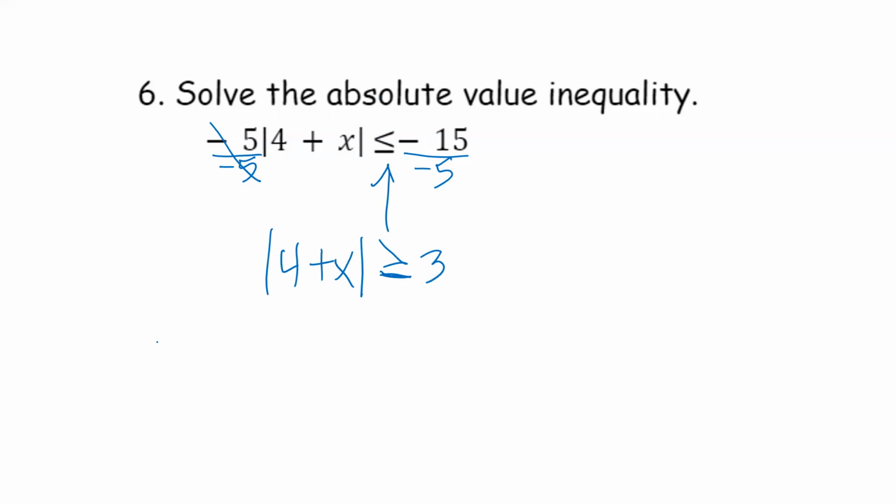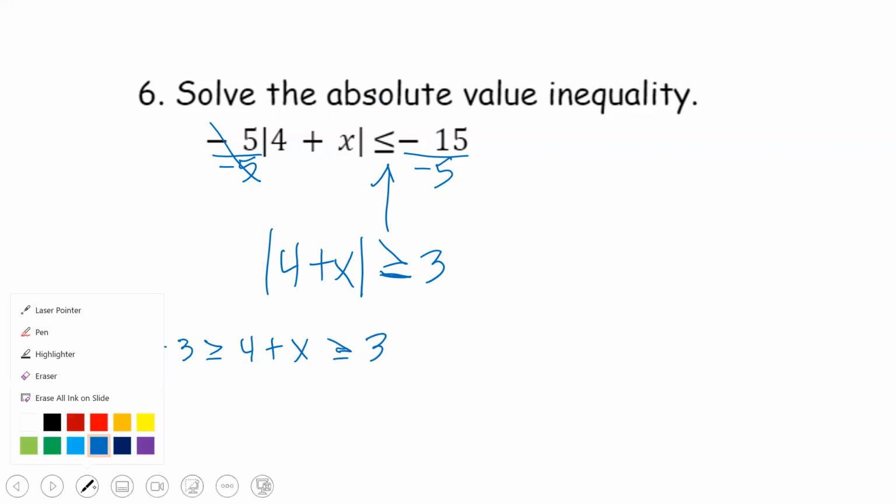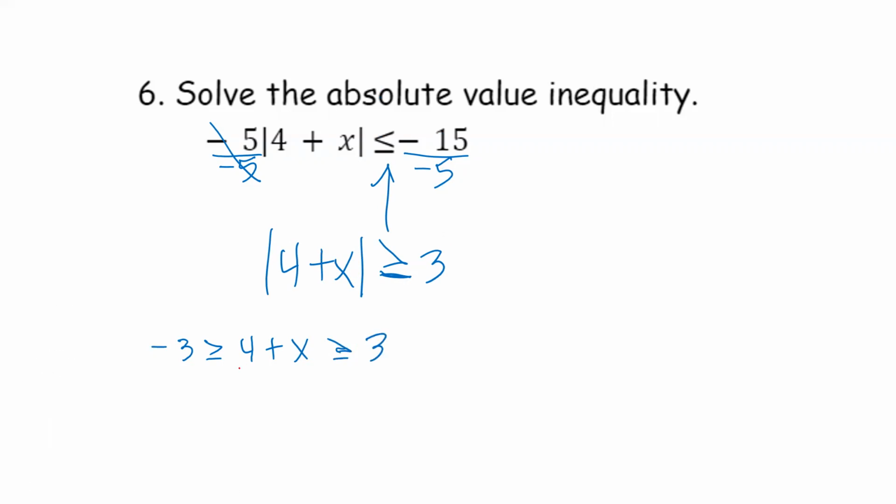You have negative 3 greater than or equal to 4 plus x. And then 4 plus x is greater than or equal to positive 3. We want to, in this case, subtract the 4 from both sides. So you got negative 7 is greater than or equal to x.